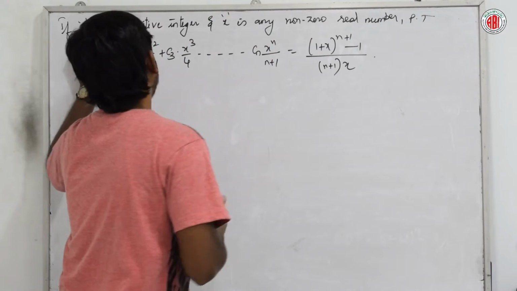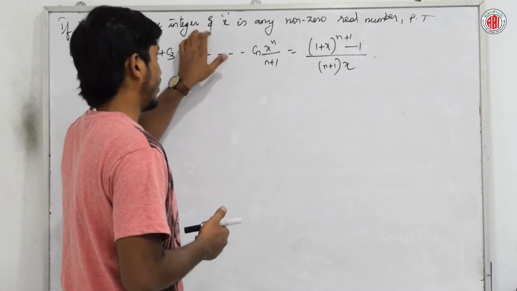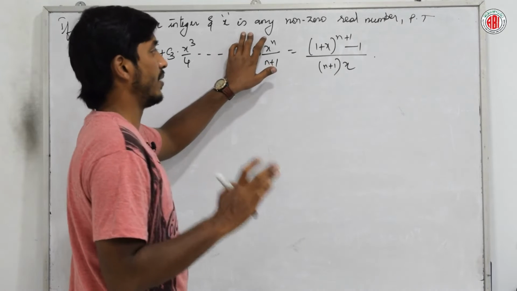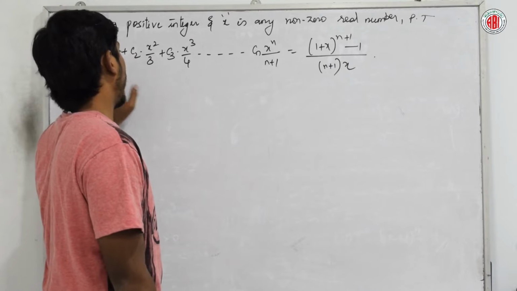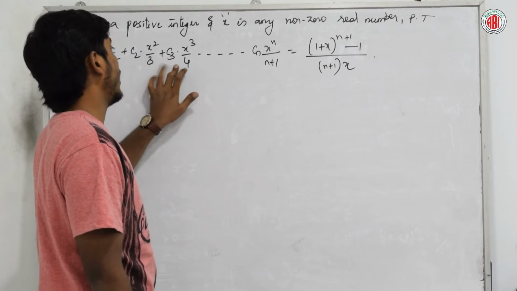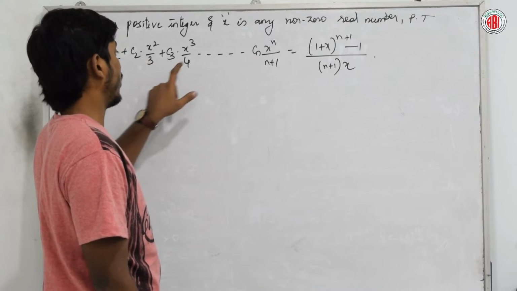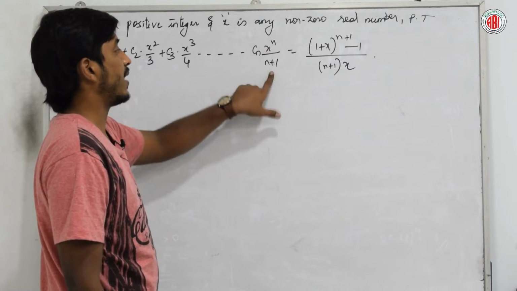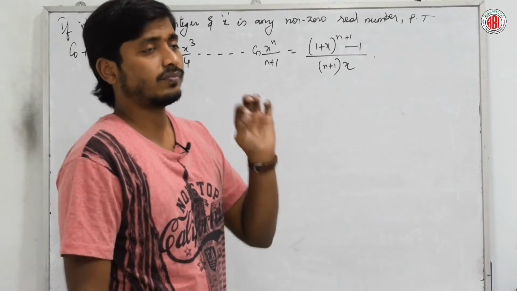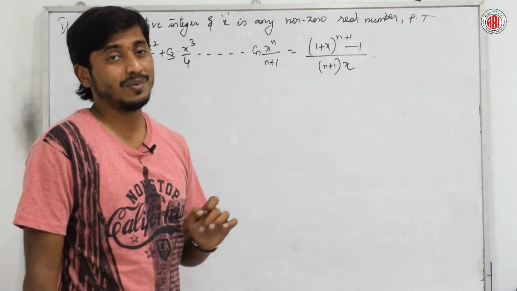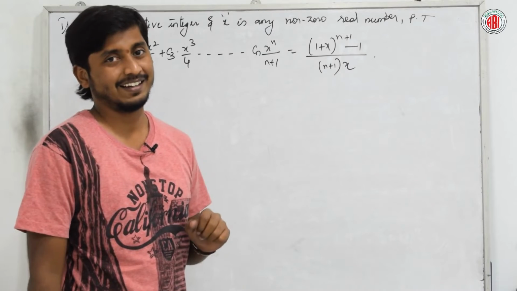It is given as: if n is a positive integer and x is any non-zero real number, then prove that C0 plus C1 into x by 2 plus C2 into x square by 3 plus C3 into x cube by 4 and so on up to Cn x power n by n plus 1 is equal to this, right? It is actually a simple problem, but you have to use your brain how to use it.